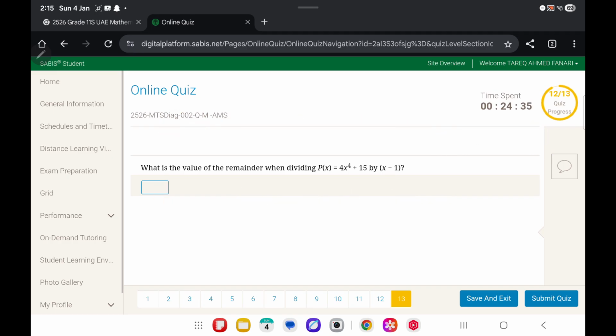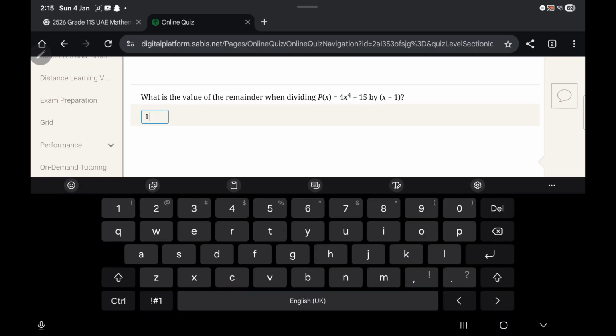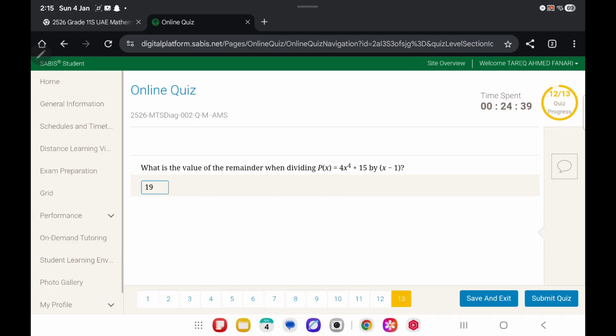Now, there are other solutions, so I'm just going to put in the answer and I'll teach you the method now. What are you going to do? You're going to do the polynomial division or synthetic division. Synthetic division, you can watch a YouTube video. It's really, really easy. Plus 15, x minus 1. So we're just going to put x minus 1 here.